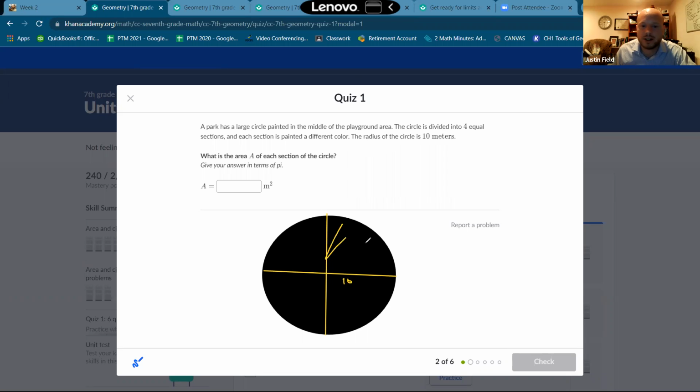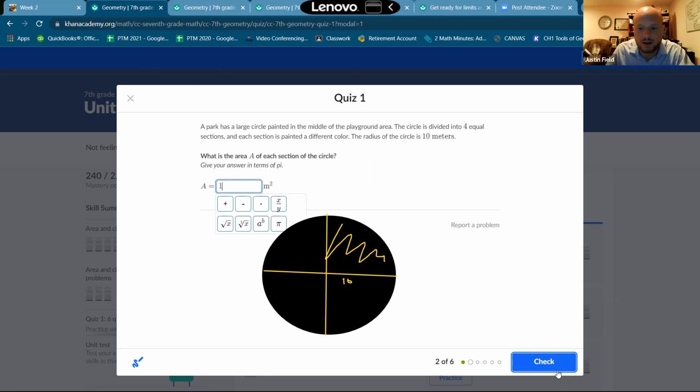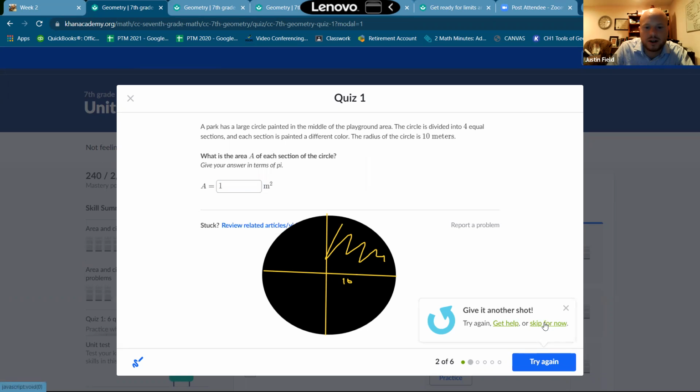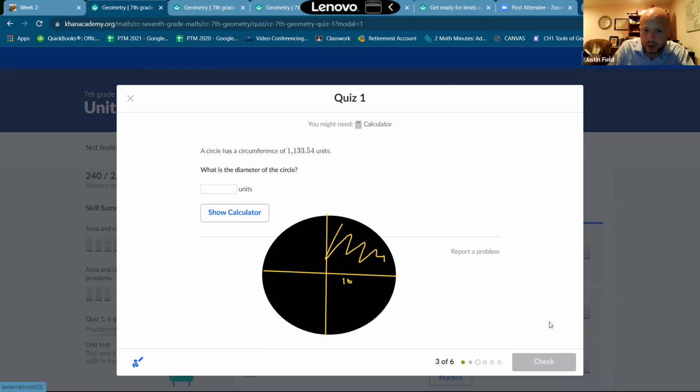So what is the area of each section? Find the area and divide it by 4. Just looking at that picture makes it make a lot of sense. So draw a picture and make sense of the situation, and you'll do good. I'm not going to actually do this one.